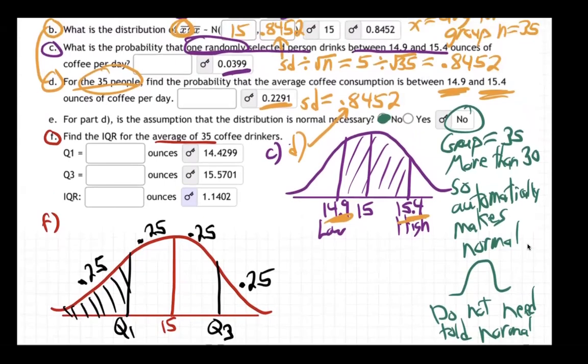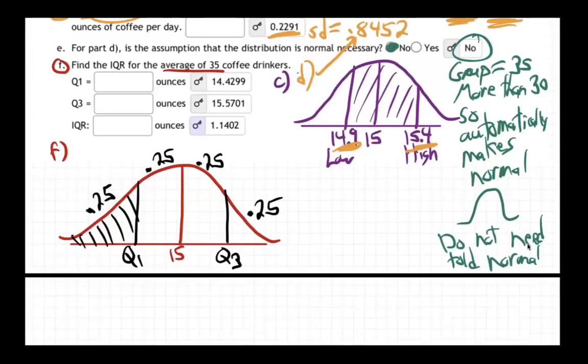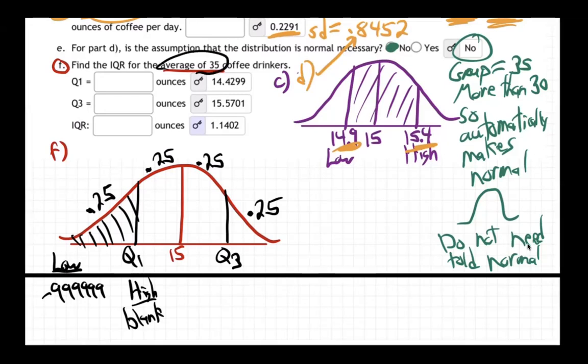We're going to try to find the low, which is negative 6 nines. This is the high, which we'll leave blank because I don't know it. Low, high, 0.25. But remember, it's an average of 35.